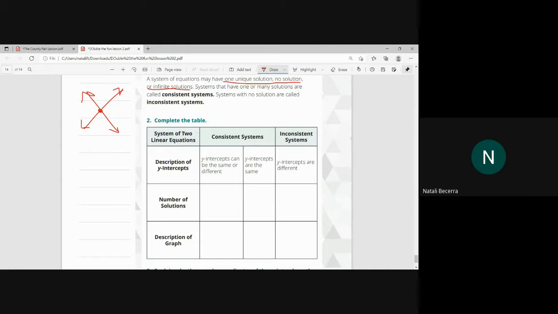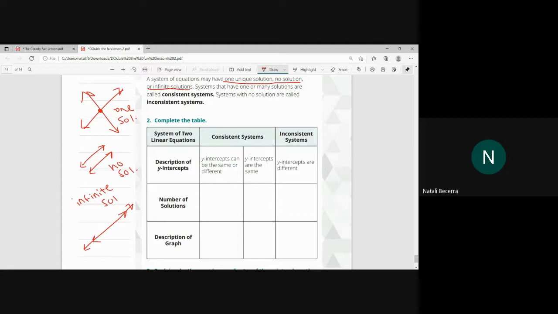No solution is whenever you have parallel lines. They're never going to touch. They're never going to intersect. So no solution. And then infinite solutions is whenever you have the same line overlapping. So we have one line and then we have another line on top of that.